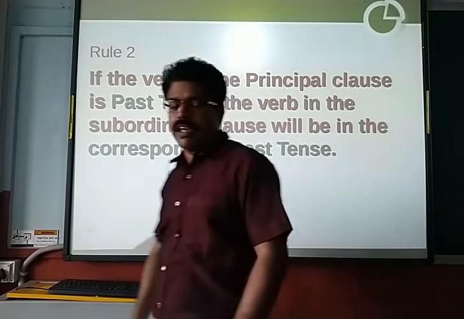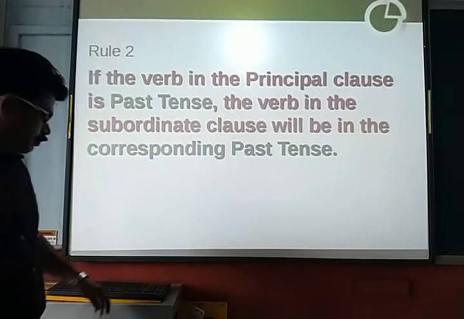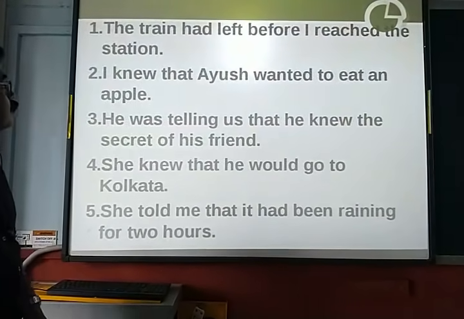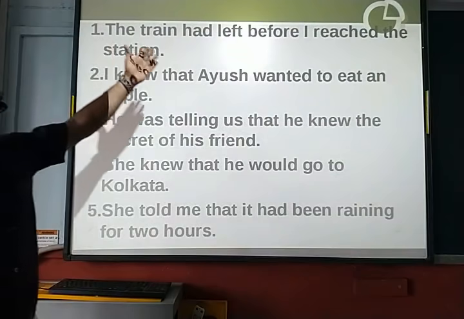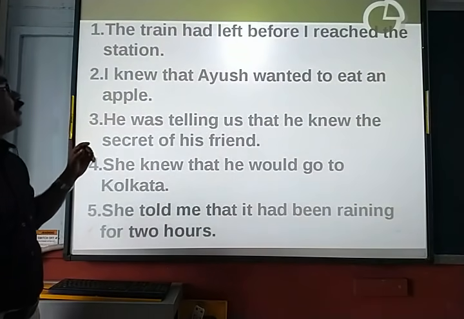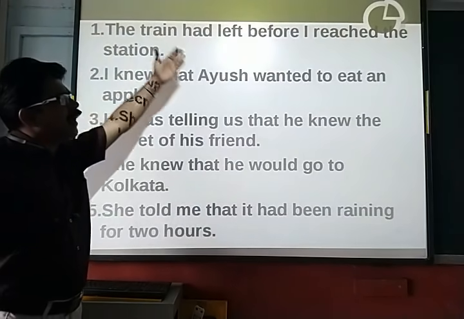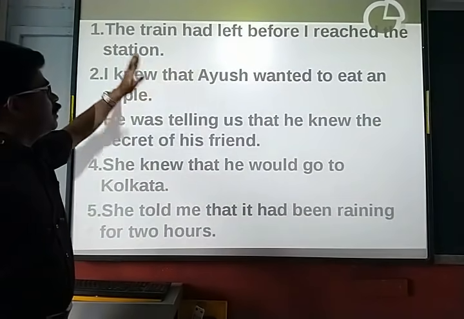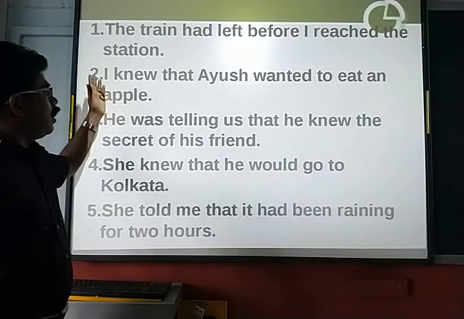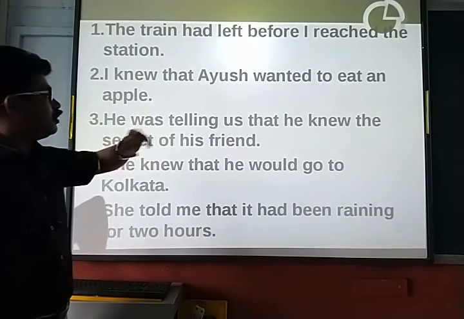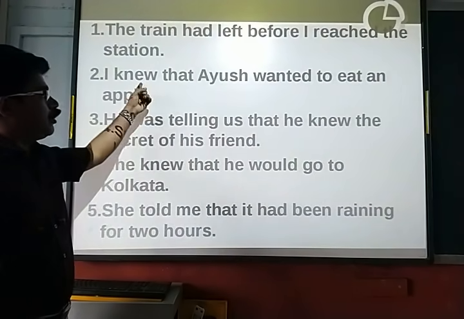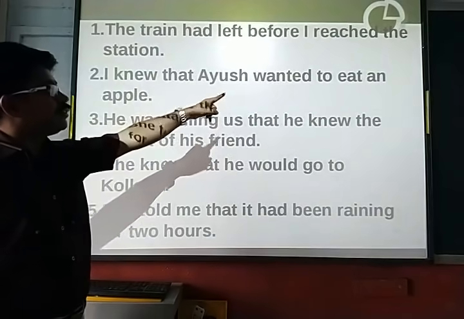So now let's take examples for that. The train had left before I reached the station. So two activities we are speaking about. The train had left before I reached the station. I knew that Ayush wanted to eat an apple. I knew he wanted.